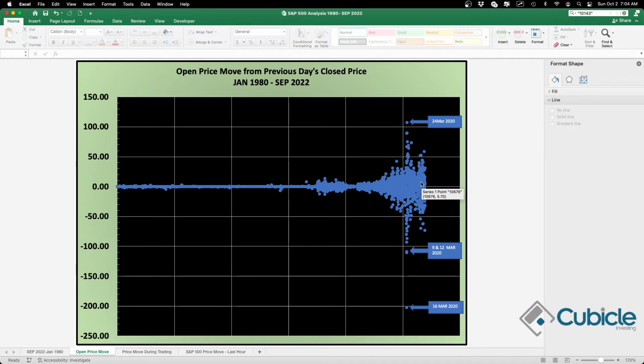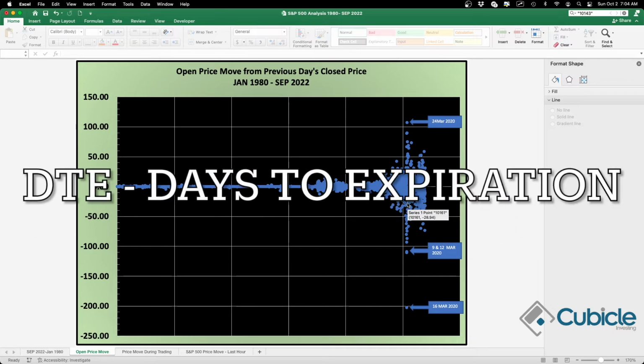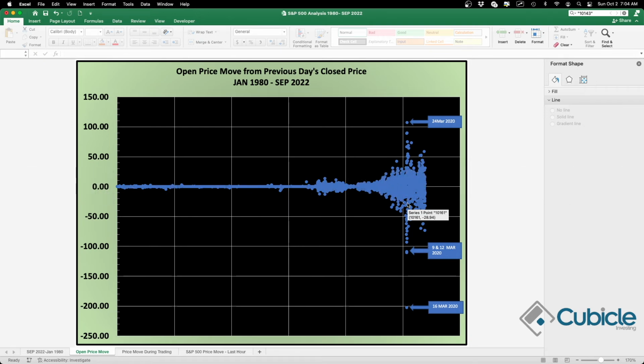On average, the market, when it opens from its previous day's close, will open no greater than plus or minus 50. So that's really, in my opinion, important information to have, particularly if you are looking to put on a 1 DTE or a 2 DTE, or a trade that will last more than the actual day.